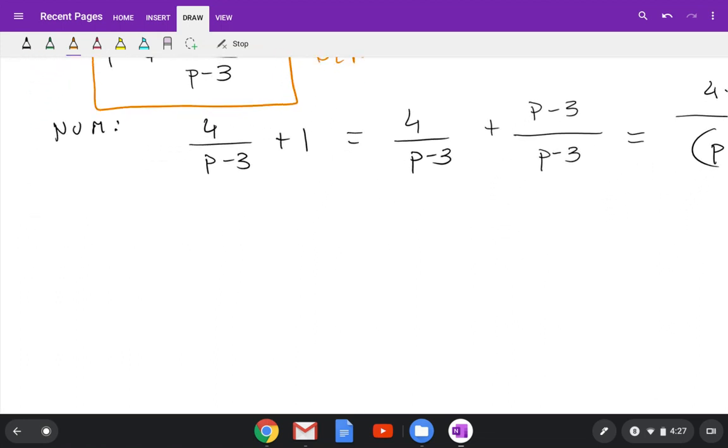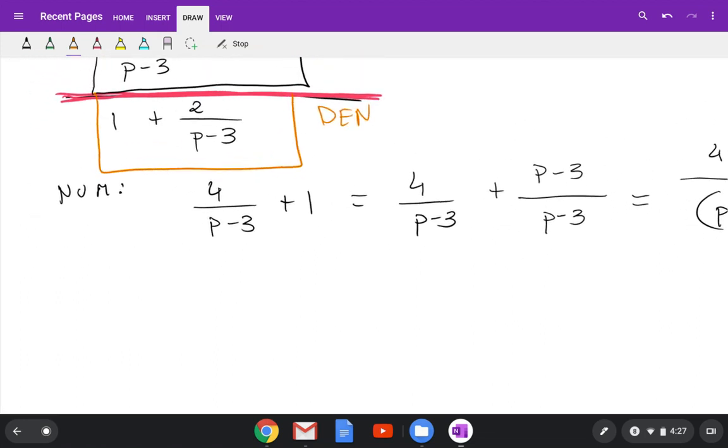So the denominator is 1 plus 2 over p minus 3. So the same thing, since I have 1, I can create an equivalent fraction, which will be p minus 3 over p minus 3, because that's what I have in the denominator of the second fraction, plus 2 over p minus 3.